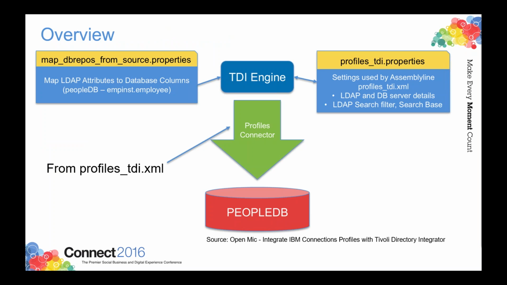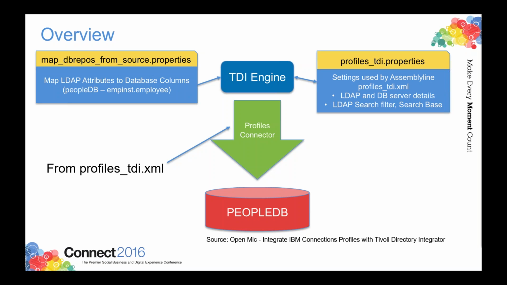So what will TDI do within your TDI solutions directory? You have a profiles TDI property file. There are the main configuration parameters set. You have a mapdb repos from source property file.